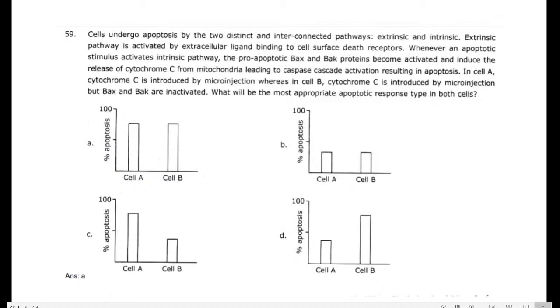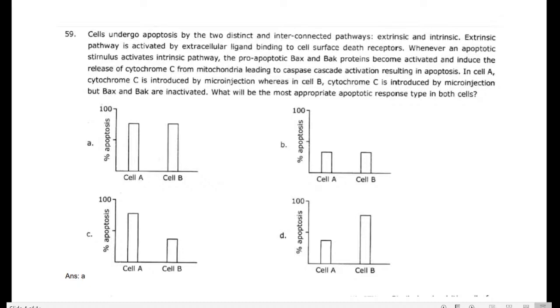Okay, next is a very important and very easy question. Just imagine and understand the concept. Please imagine the whole statement. Cells undergo apoptosis by two distinct and interconnected pathways, the extrinsic and intrinsic pathways. The extrinsic pathway is activated by extracellular ligand binding to a cell surface death receptor.